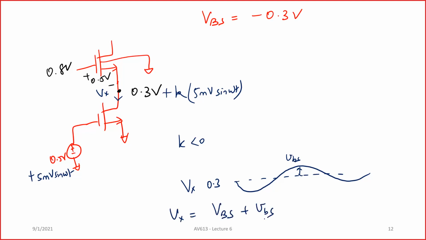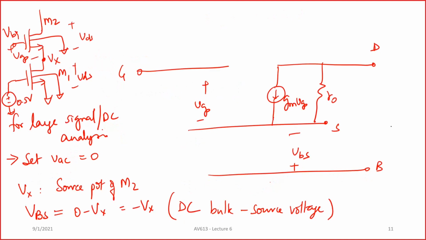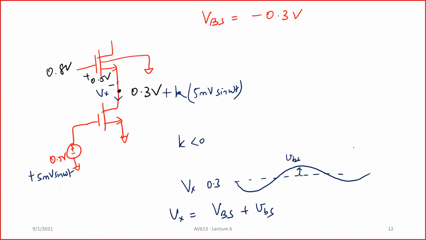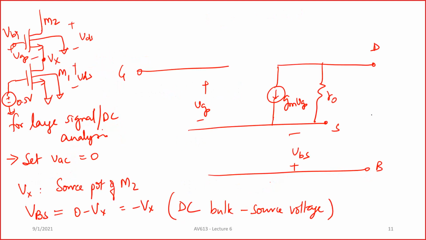The question that we are trying to address in the small signal model is: how does the small VBS change your AC performance? Your capital VBS is already going to change your threshold voltage and other things, but all put together, because of capital VBS and small VBS, how does this whole thing change?